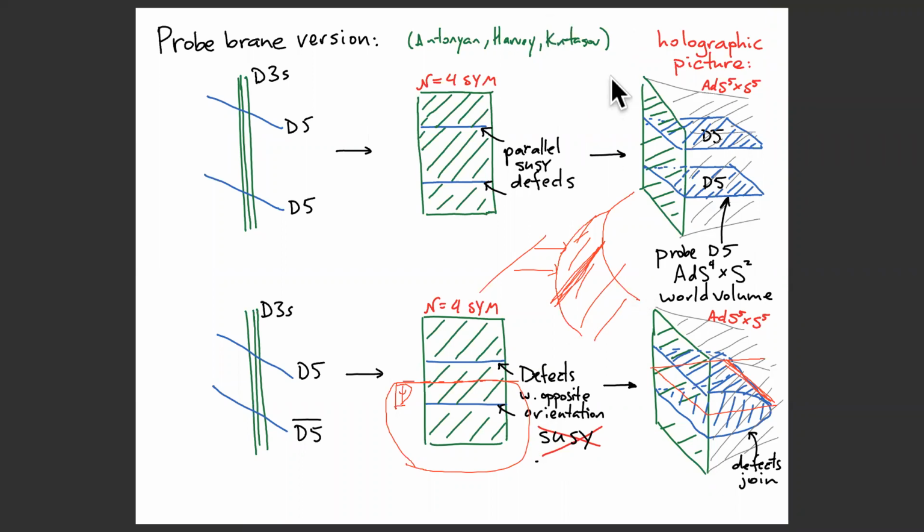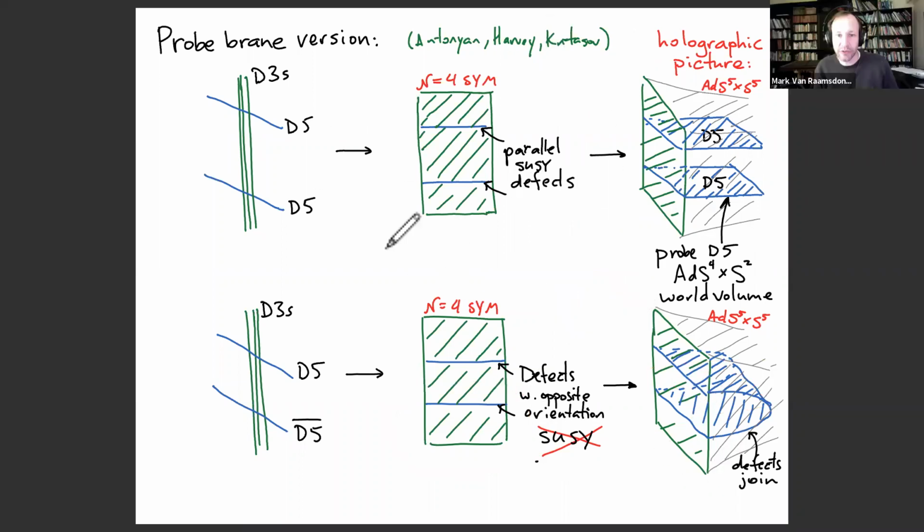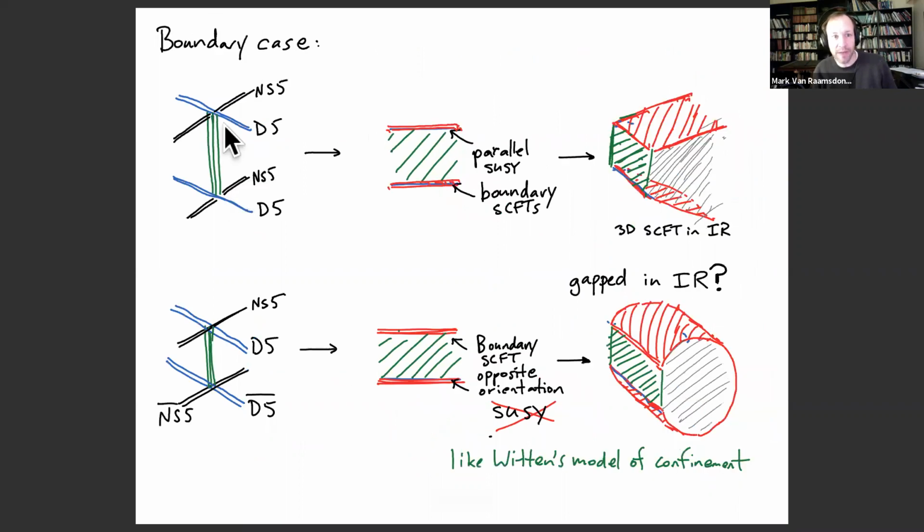I see. Thanks. But now we're just going to take this whole picture, and instead of having the probe brane, we go to this situation where my D3 branes end on these D5 branes.